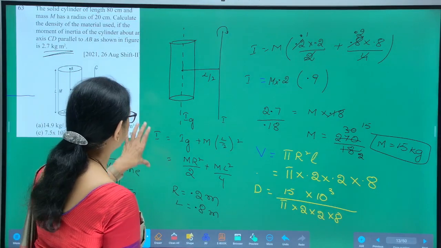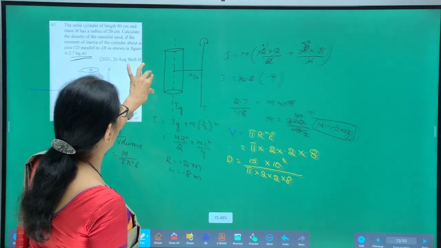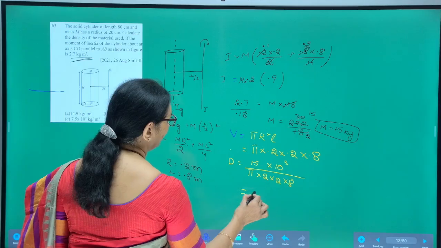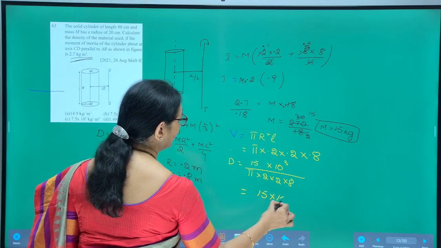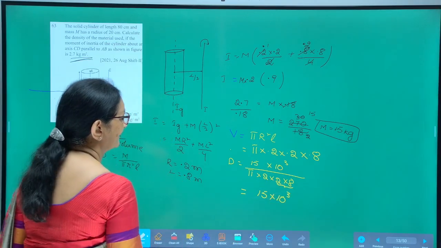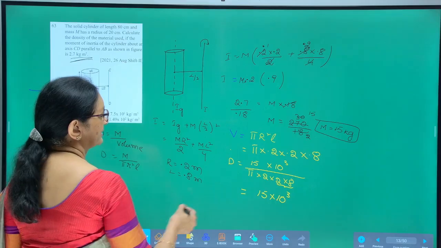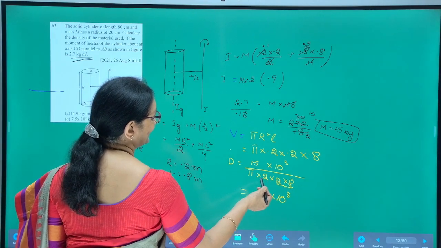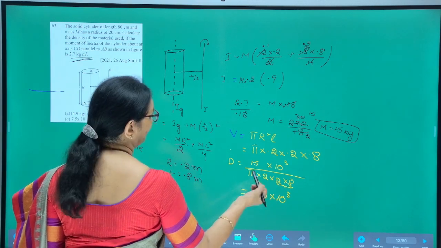So here let us do the calculation part carefully. So this is 15 into 10 to the power of 3. Approximately this, okay, so this is 16. So 1 by 6, it is 15.